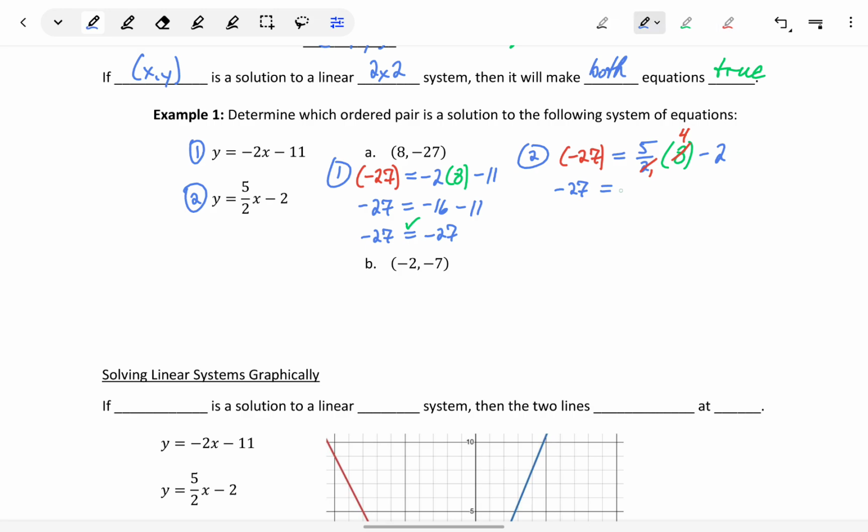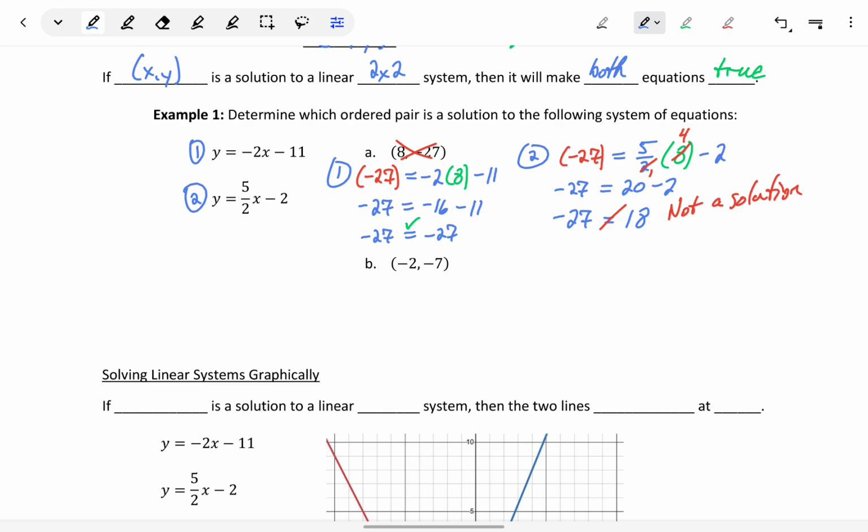So this will become 5 times 4, or 20, minus 2. And we get negative 27 is equal to 18. That's clearly an incorrect statement. So, since this coordinate pair did not make both equations true, this is not a solution. To be more clear, 8 comma negative 27 is not a solution to this system of equations.